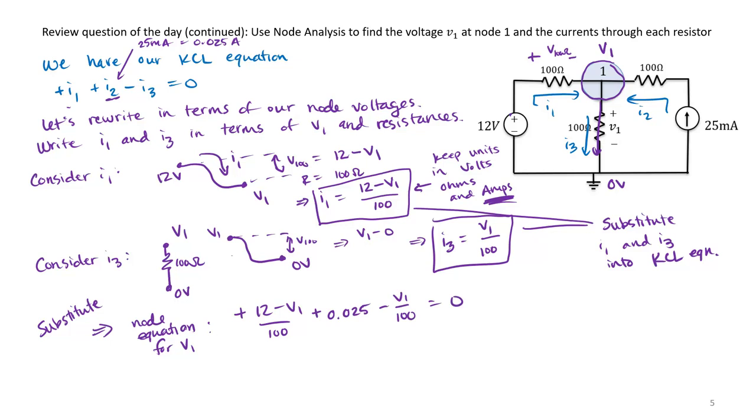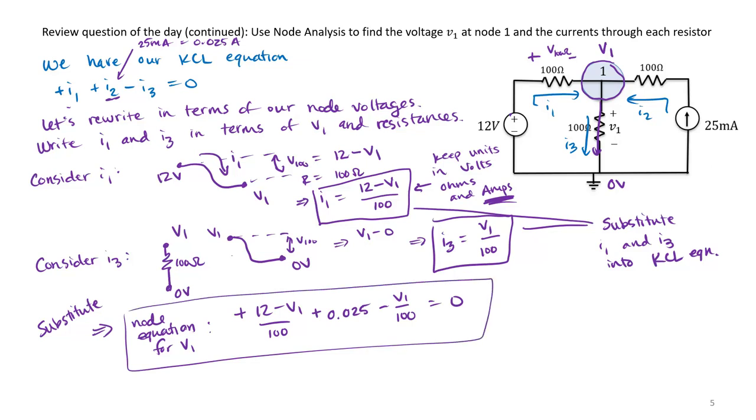So all of this leads us to our node equation. Notice here we have one equation and one unknown. We can solve for V1.